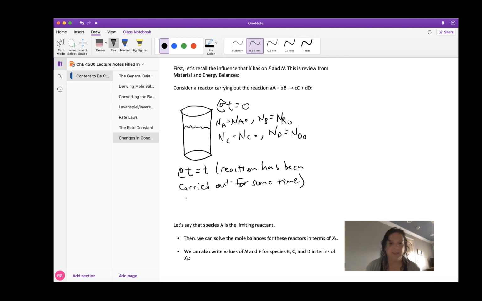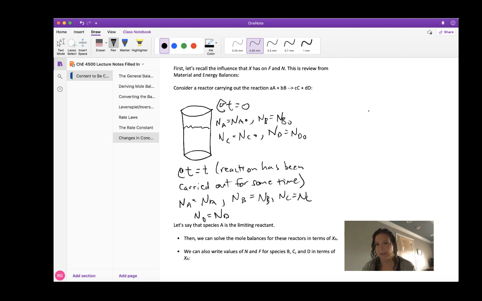Then at that time we have NA, NB, NC, and ND. I could say that all of those are evaluated at time t, but for simplicity, I'm just going to say, for example, NA is equal to NA. So that's my batch reactor.